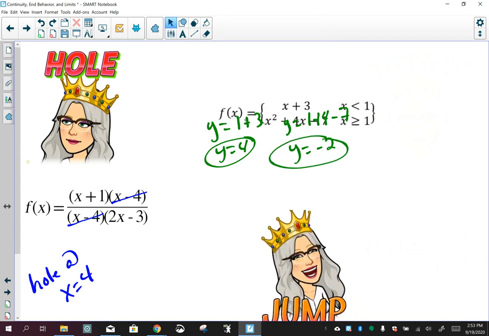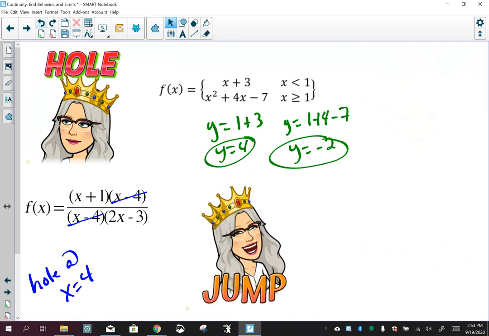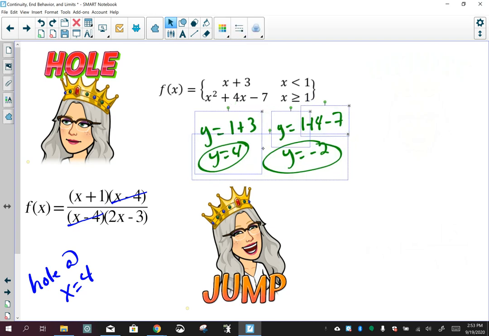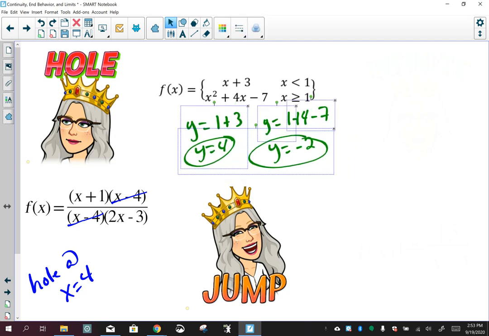And because they are not the same thing, we have to describe it as being a jump discontinuity, because at that 1, I'm going to jump from my y equals 4 value with an open dot, because remember, there's no equal sign under that. So with an open dot, I'm going to jump down to my closed dot value of negative 2.